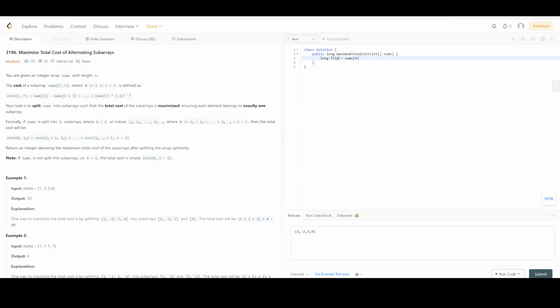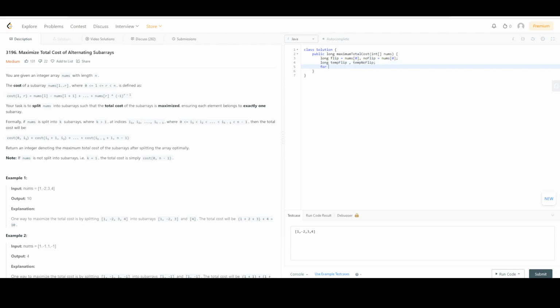I am considering till now what is the flip answer, by flipping the current one, and no flip, where I am not flipping the current element. Initially, the zeroth index I can't flip, so obviously both will have the same answer. Now I will take one temp flip, and one temp no flip.